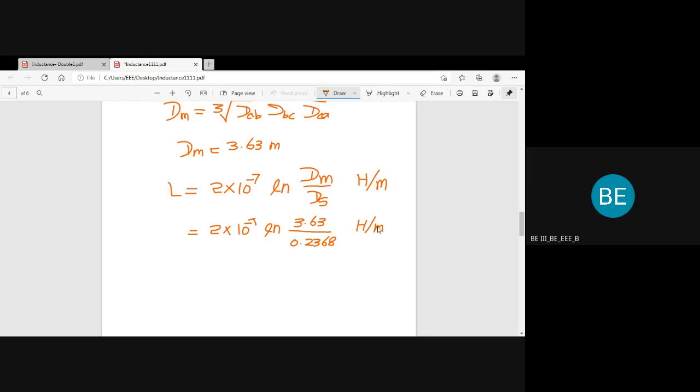If you find the answer through a calculator, you will get 0.546 millihenry per kilometer. So this is the inductance value for this problem.